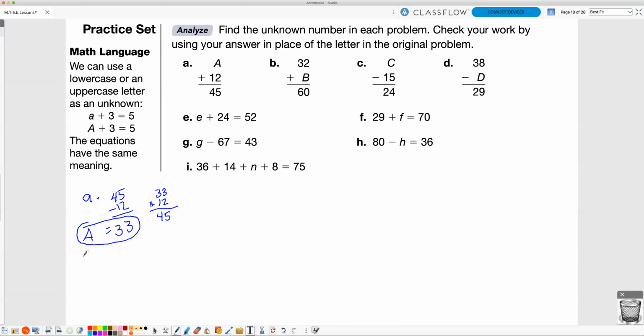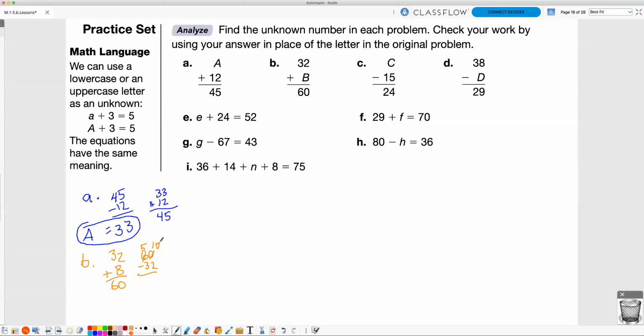Okay. This one, letter B, let me just go back and let's do this in a different color. Let me just pick orange for this one. So letter B, if you have 32 plus B equals 60, I need to take 60 minus the 32 to find out what that missing element is.